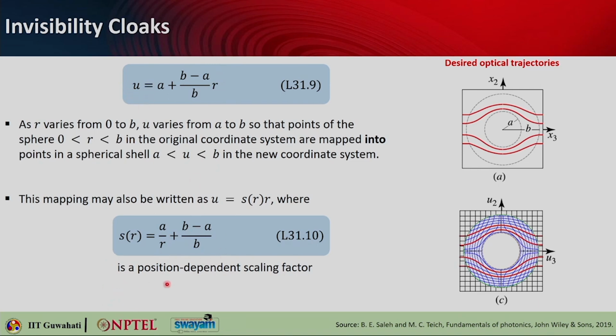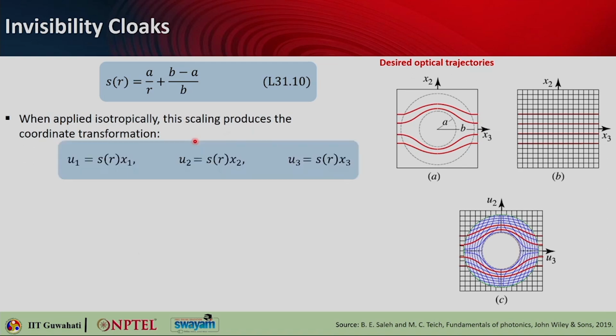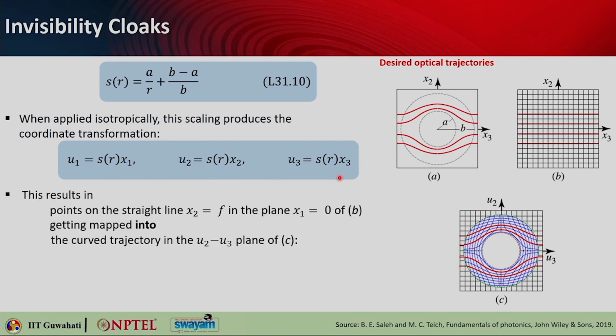So this becomes a position dependent scaling factor. If you try to think of this in terms of scaling, you can think that this is a position dependent scaling factor. So now it is your task to apply this. When applied isotropically, the scaling factor will bring this particular coordinate transformation. So all the coordinates x1, x2 and x3 will get transformed by this scaling factor.